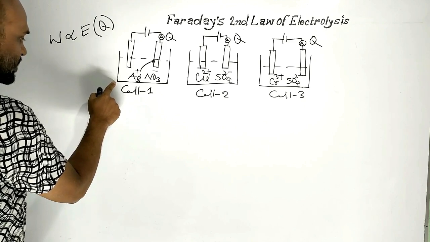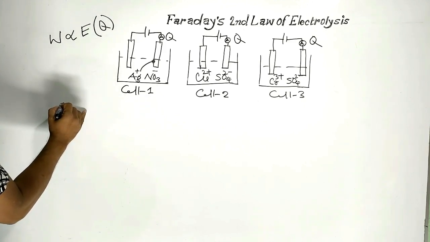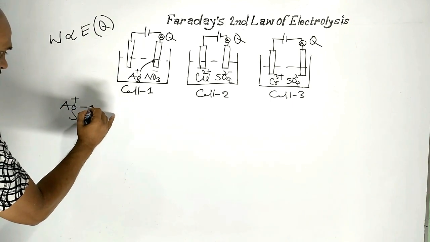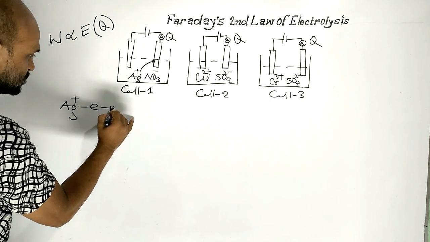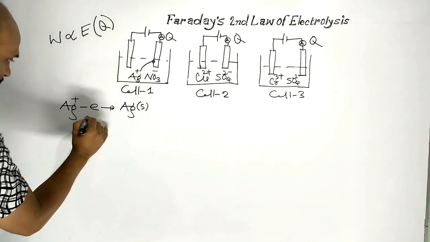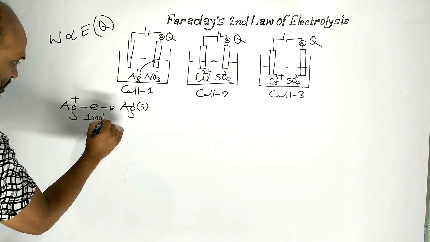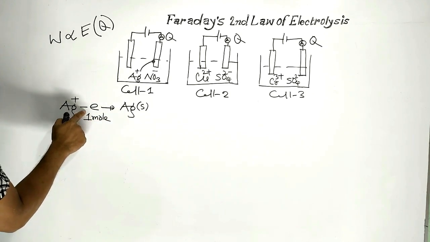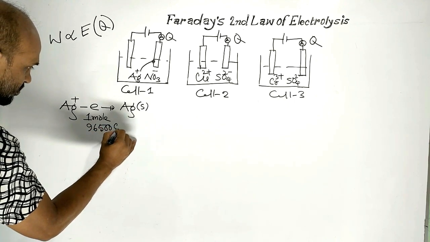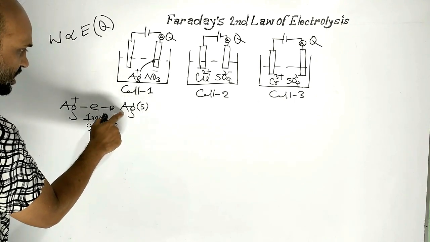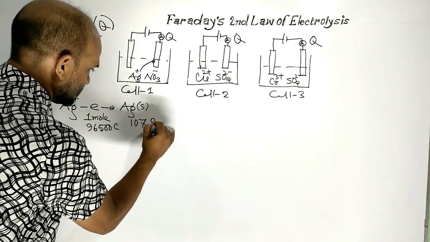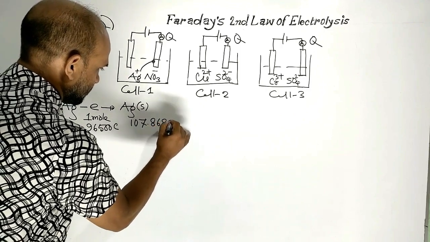For the silver nitrate, the chemical reaction occurs here. Silver plus receives an electron to form solid silver. Here, 1 mole of electrons, the charge of 1 mole of electrons is 96,500 coulomb, and gram atomic mass of silver is 107.868 gram.